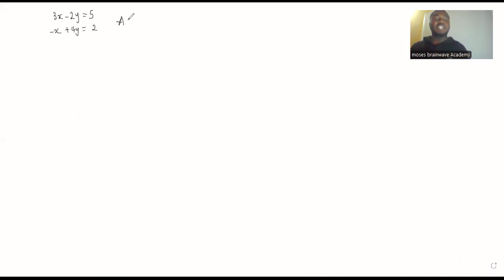Now, my coefficient matrix, let me call it matrix A, is going to be 3, minus 2, then we have minus 1, and we have 4. Fantastic. So let's go straight to get the determinant of A. So determinant here is going to be 12 minus this multiplied by this, which is minus 2, so which is just 10.